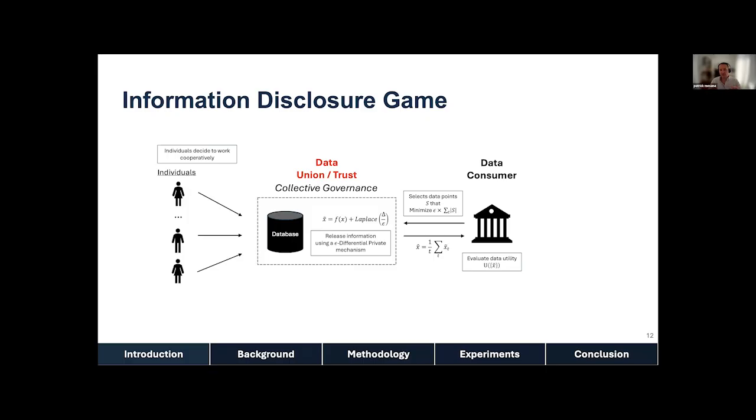So in this case, it would be two different entities, but it would be the exact same game. So you would have a data union that collects the data and has the responsibility to maximize equity and protect privacy, for example. And the data consumer would be any organization that wants to consume this data. But it would be the exact same kind of game.